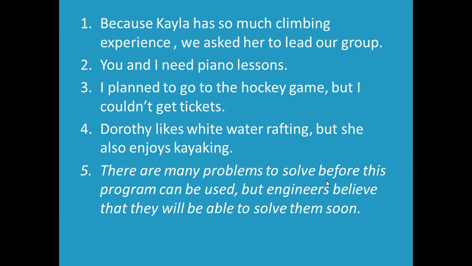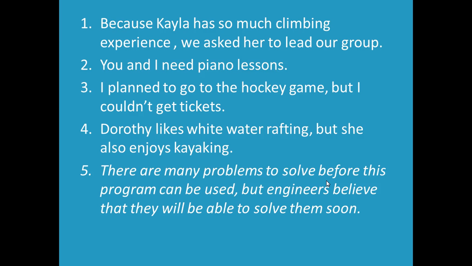Because Kayla has so much fun experience, we asked her to lead our group. What do you think that is? That's it. Let's break this down. Because, what kind of conjunction is it? First of all, yes, it's a subordinating conjunction. Subordinating conjunctions are only used in what kind of sentences? That's right, either complex or compound complex. So we know it's one of those 2.